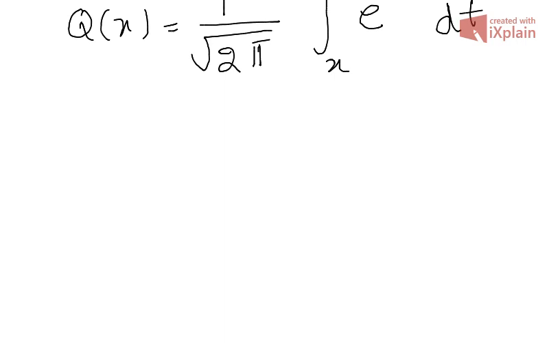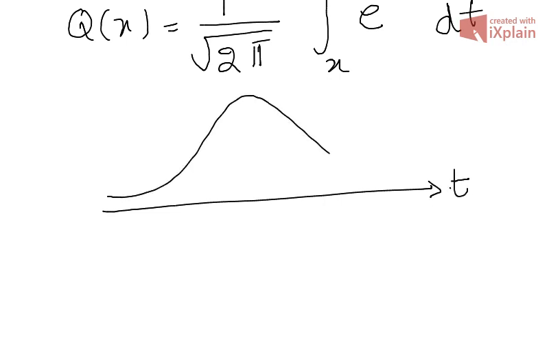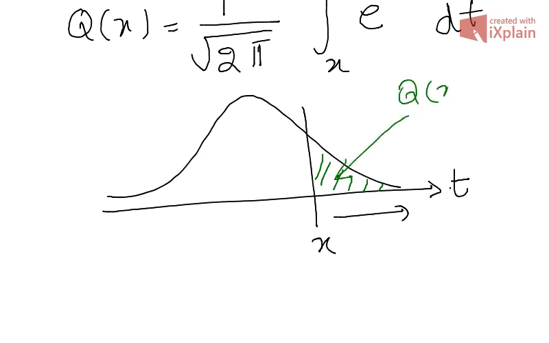More specifically, if we have this variable t, our Q(x) gives us the right tail probability of a standard normal curve. This whole area would be given by Q(x). It's the right tail probability.